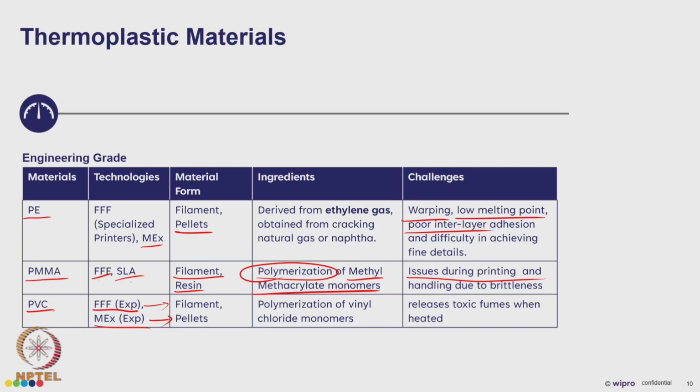And this material actually releases a very toxic fume when it is heated. That means whenever it has to undergo FFF or material extrusion kind of technology, heating will take place, because of which toxic fumes will be generated, which is very hazardous.